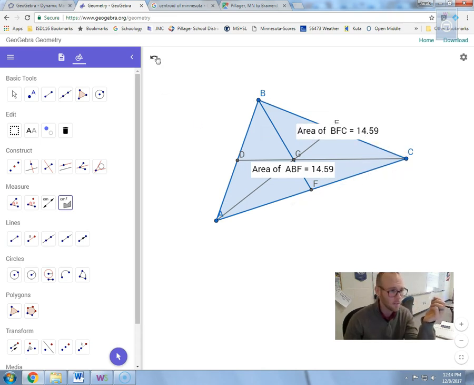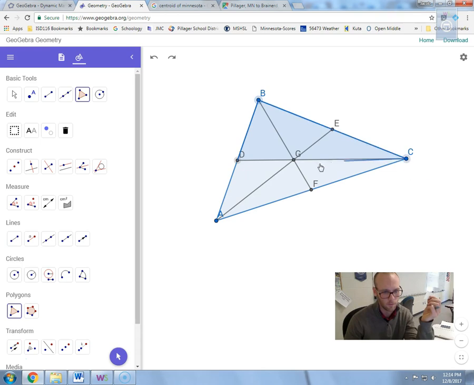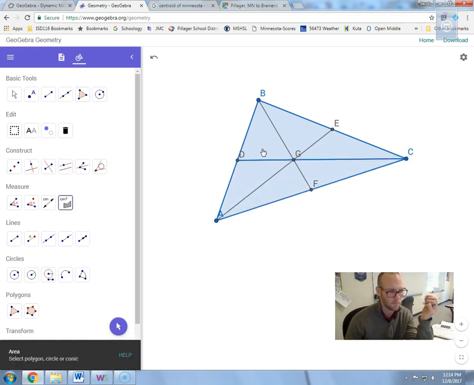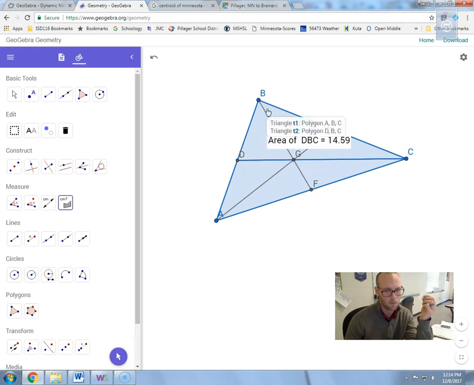Well, not only is that going to work for those two triangles, doesn't it also have to work for this triangle here and the triangle below it? Area of triangle DBC, 14.59. That number sounds familiar. Area of this triangle, 14.59. Wow.